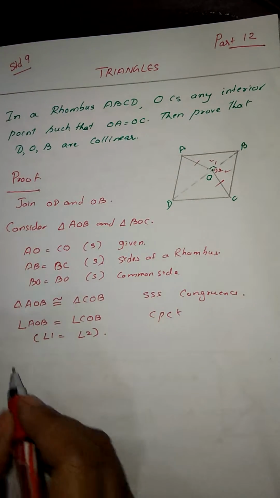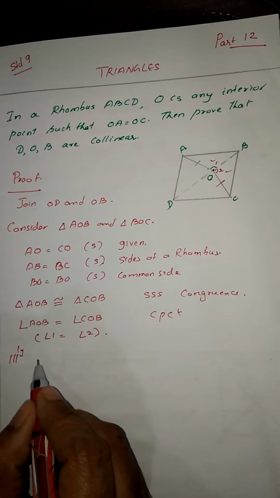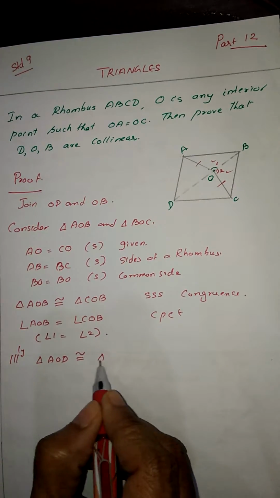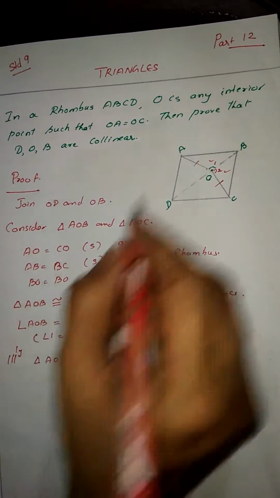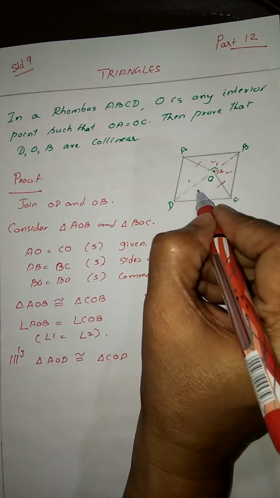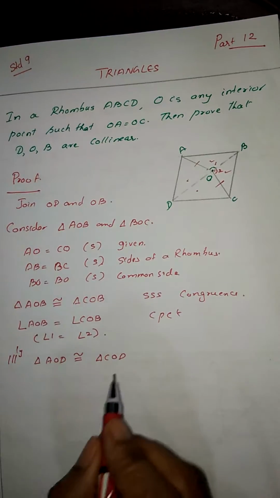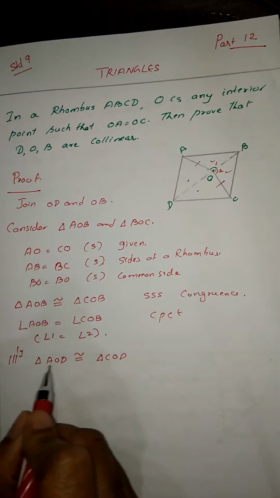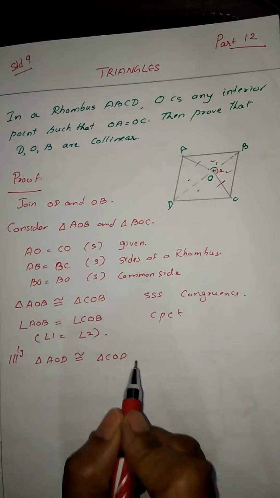Similarly, we can prove triangle AOD is congruent to triangle COD. We can prove this also. These two triangles are also congruent, so we don't have to prove it. You can simply write triangle AOD is congruent to triangle COD.